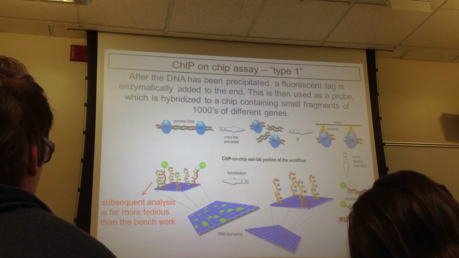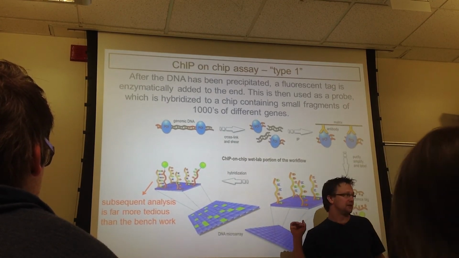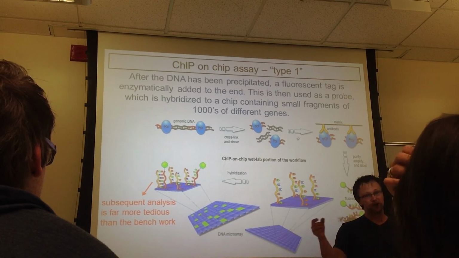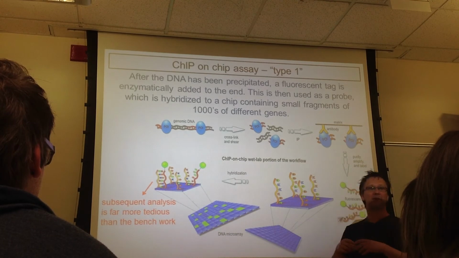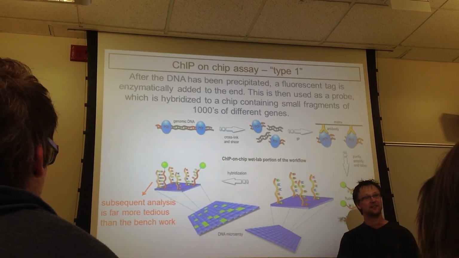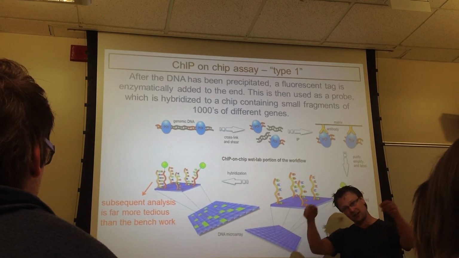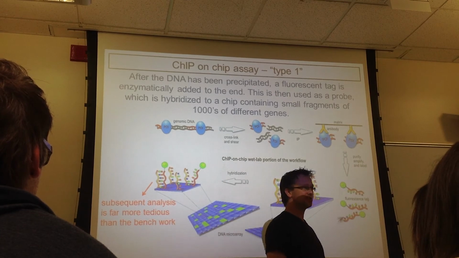And then you buy this chip, and modern ones have tens of thousands of itty-bitty little spots that you can't see with your naked eye. And they all have known DNA sequences. So this company will make all these DNA sequences, and they'll have a machine that will spot these little DNA sequences on each of these different spots.